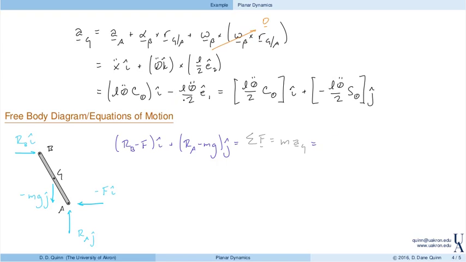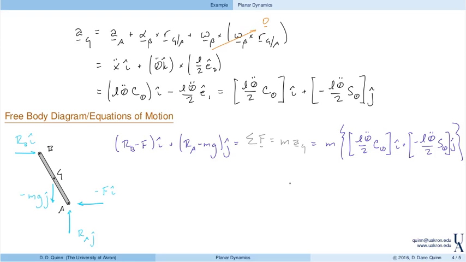And our acceleration was given before. So we have m times L theta double dot over 2 cosine of theta in the I direction, and minus L theta double dot over 2 sine of theta in the j direction. So that's linear momentum balance.